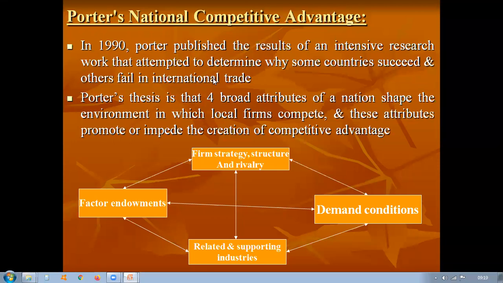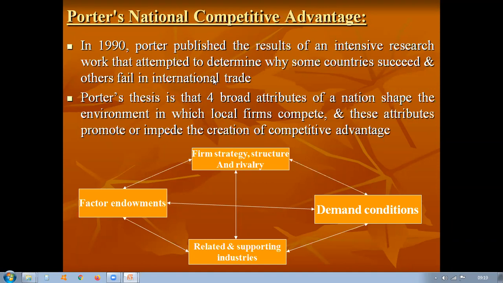So a country's ability to compete globally depends upon the country's factor resources, for example, research, innovation, training, and so on.